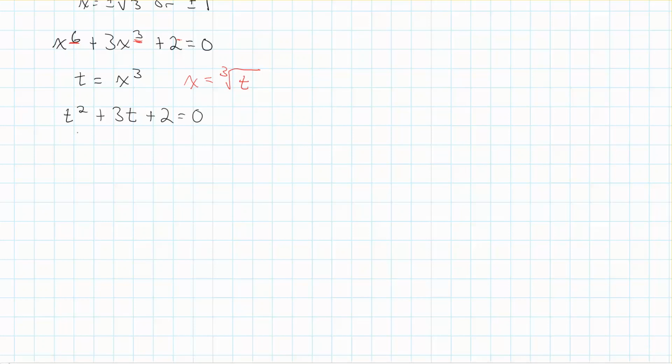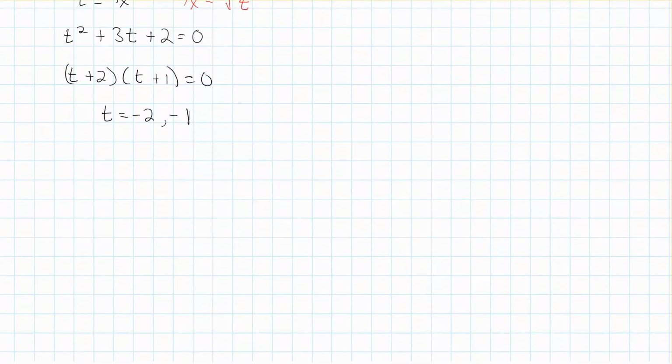Alright, well then this factors here, and so this would factor to t plus 2 times t plus 1, which equals 0. So t is then negative 2 or negative 1. Now remember, again, with odd roots here, negative numbers are just fine. We will get real answers as opposed to complex answers.